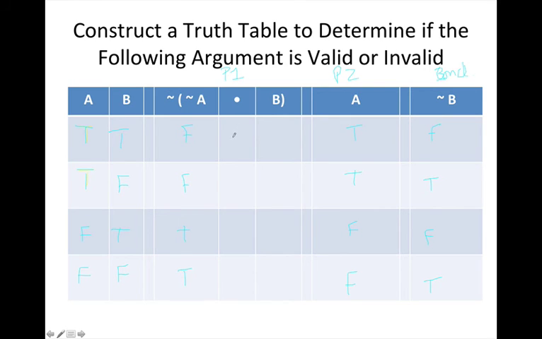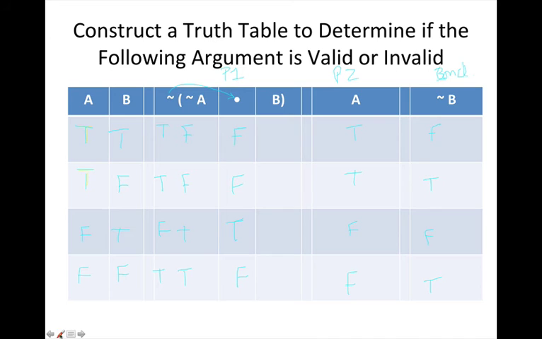We know that dot is true under one and only one circumstance. So we end up with the following. And then we reject each of these values, right? So true, true, false, true.